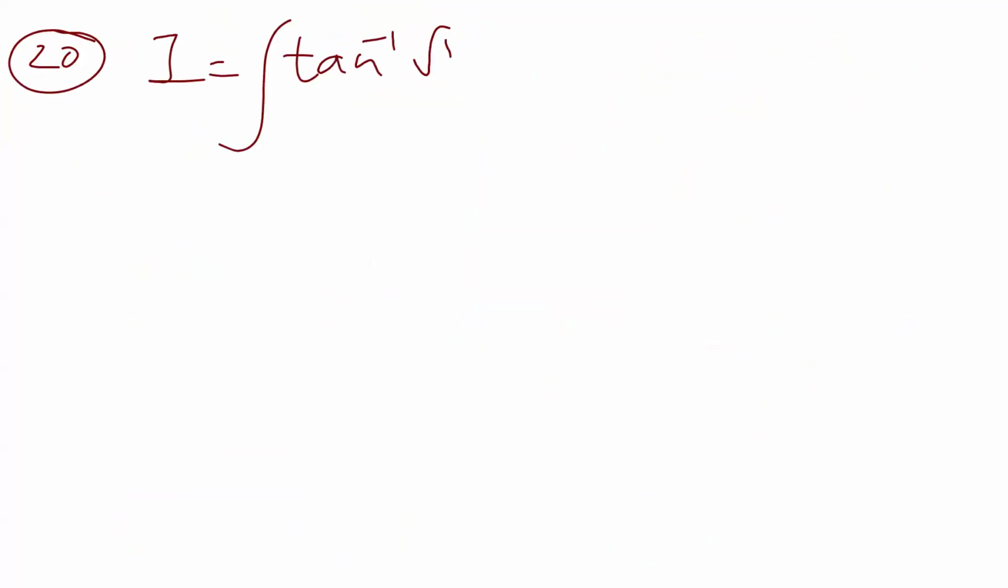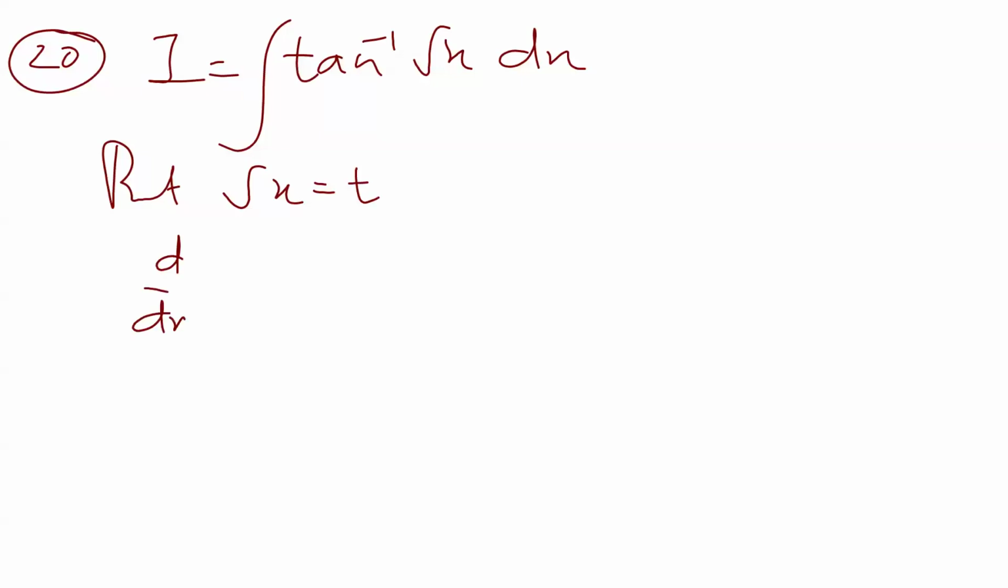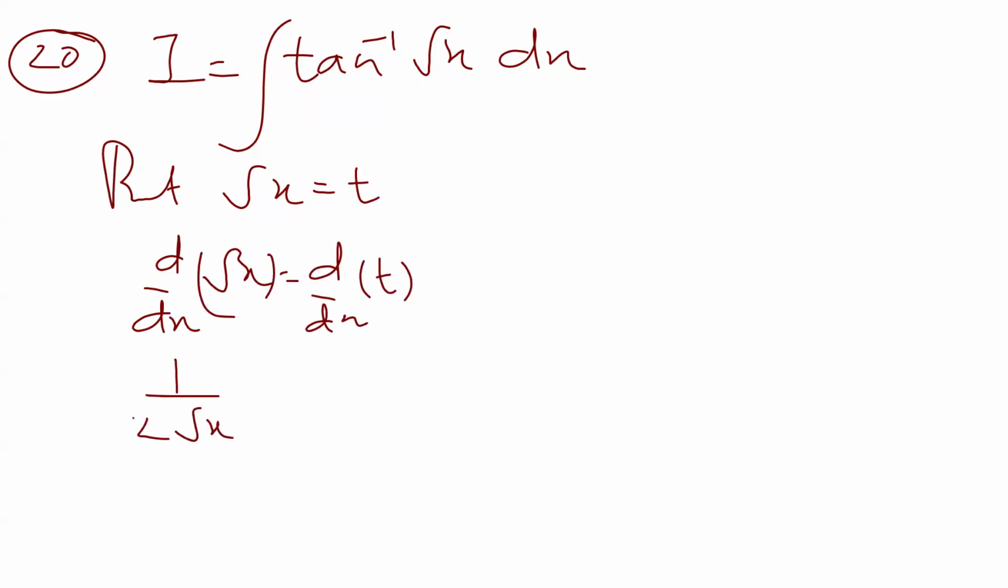Next problem, that is question number 20. It's on similar lines. Integration of tan inverse root x dx. Put root x is equal to t. D by dx of root x, d by dx of t, 1 by 2 root x, dt by dx.